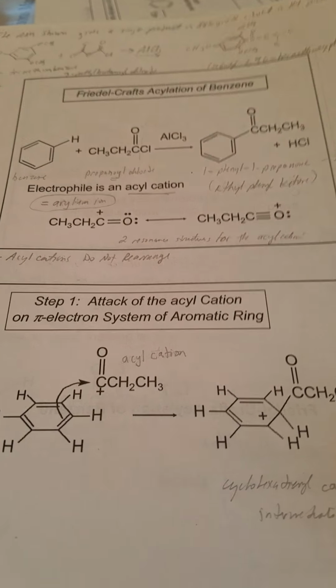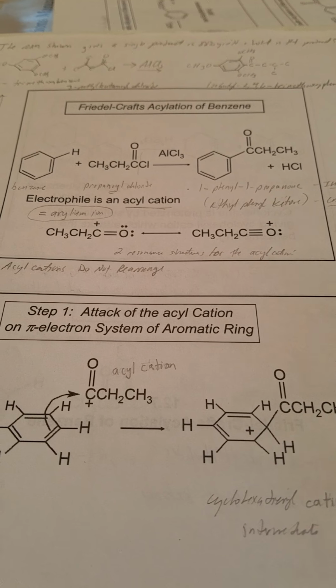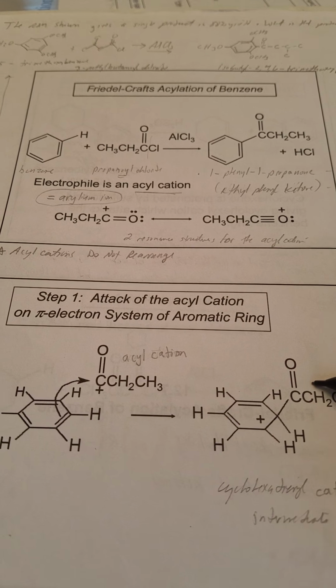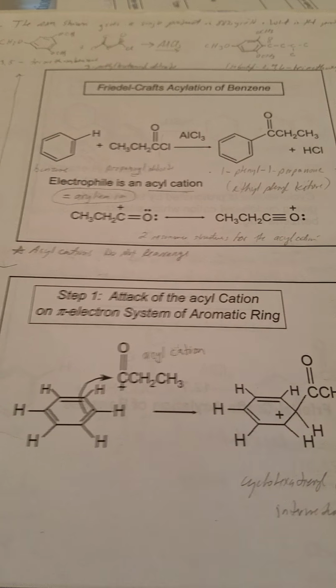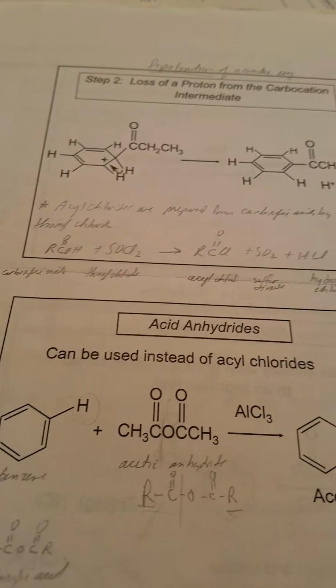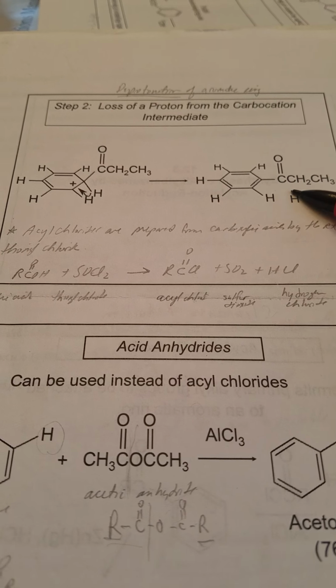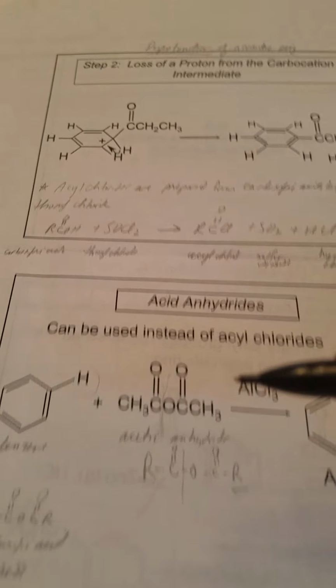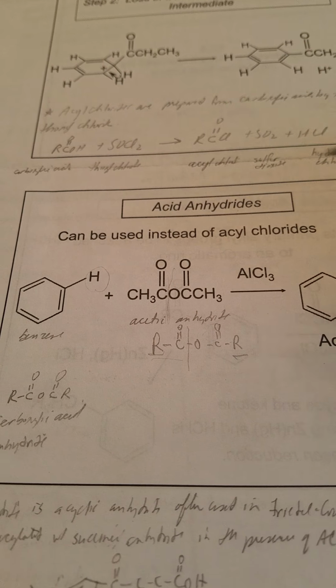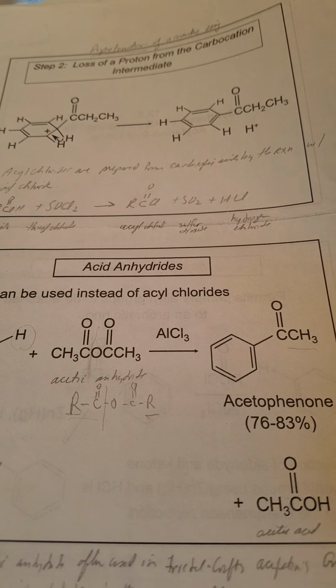Your basic mechanism is the same, so you can see that that's just your electrophile, so it's going to attach, and then you'll do a deprotonation. And as I mentioned before, you can also use acid anhydrides for this reaction as well.